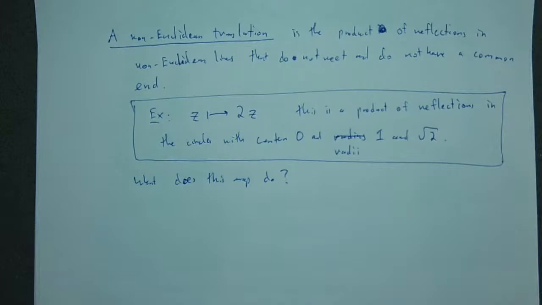So the question is, what does the translation do in the upper half plane? Well, in the upper half plane, translations have what's called a translation axis, which is a unique line that is fixed by this translation. But it's not the only line that's fixed by the translation.